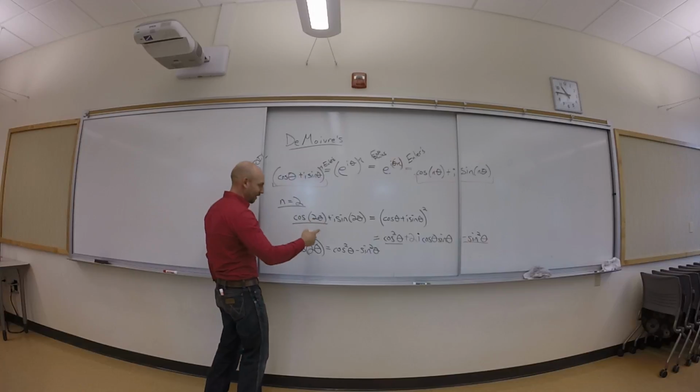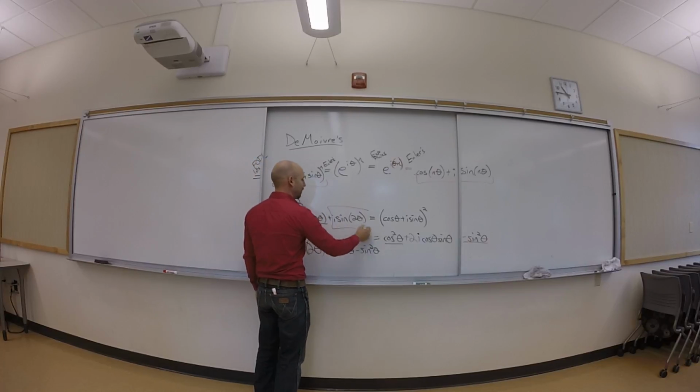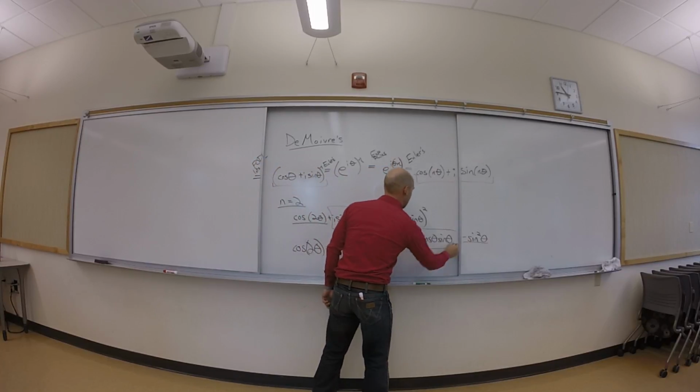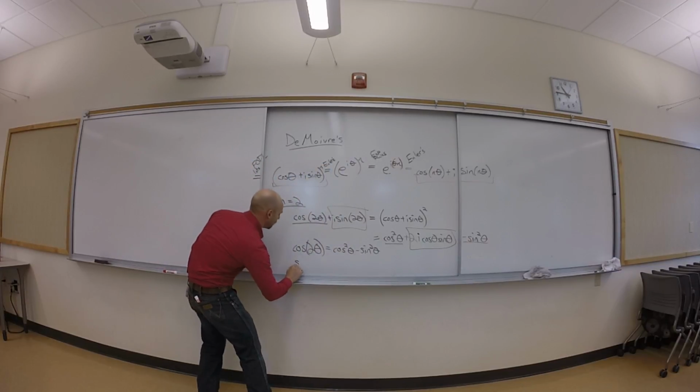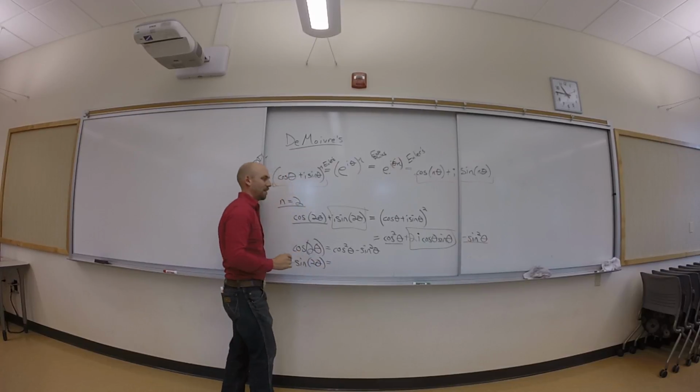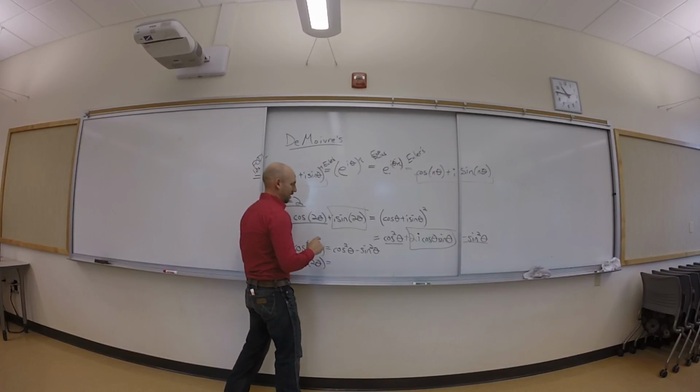How about the other half of this? So the bits with the i's, what do those tell you? That sine of 2 theta has to equal 2i cosine theta sine theta.